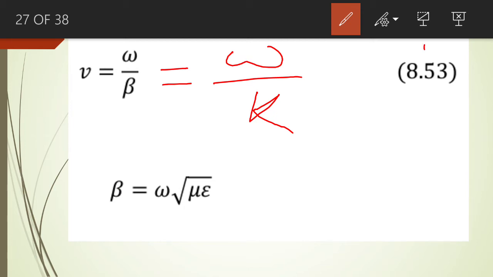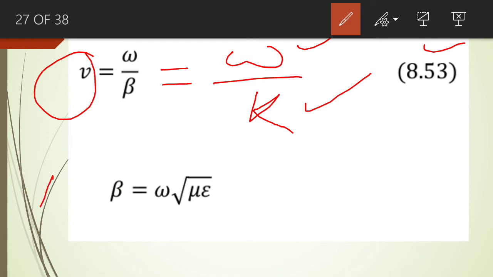So this is equation number 8.53. If the angular frequency of the wave is known, and if the phase constant or the propagation constant is known, we can calculate the speed of the wave in any medium.